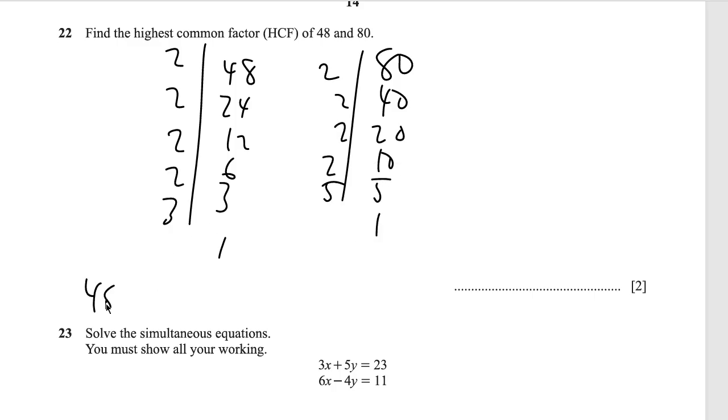Right? So we could write 48 as, you can see that 2 occurs 4 times, right? So that's 2 to the power 4 multiplied by 3. And then for 80, we have 2 to the power 4 multiplied by 5, right?